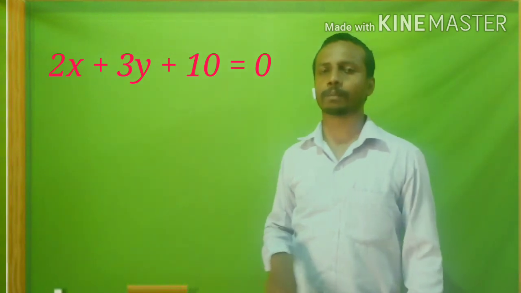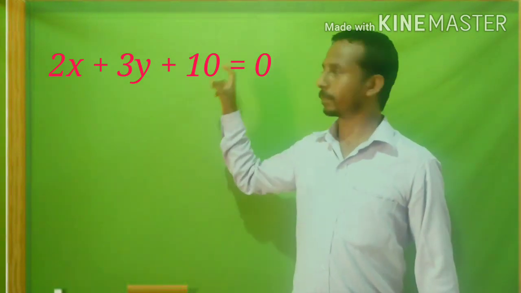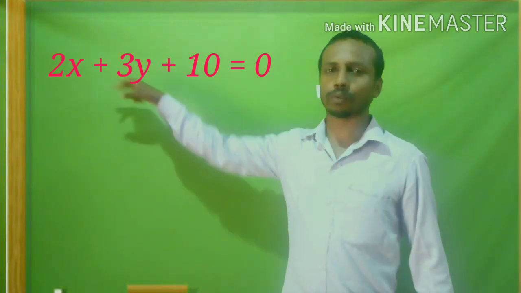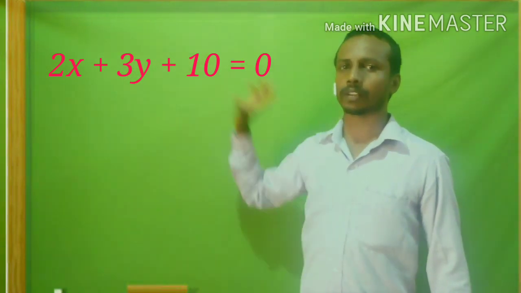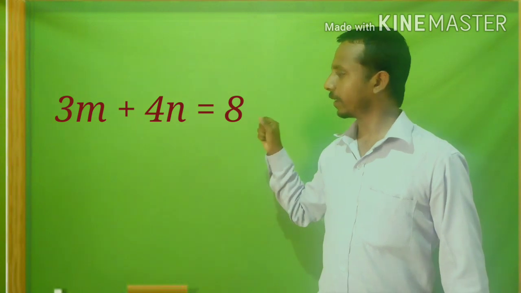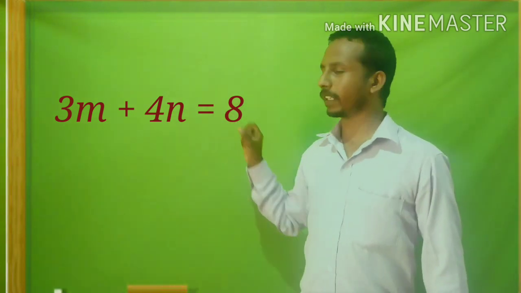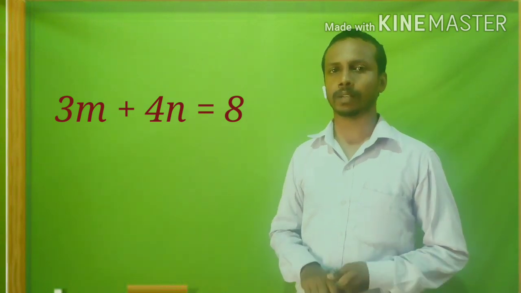It is an example of a linear equation in two variables because it has two variables, x and y. Now consider another example: 3m plus 4n is equal to 8. It is an example of a linear equation in two variables.